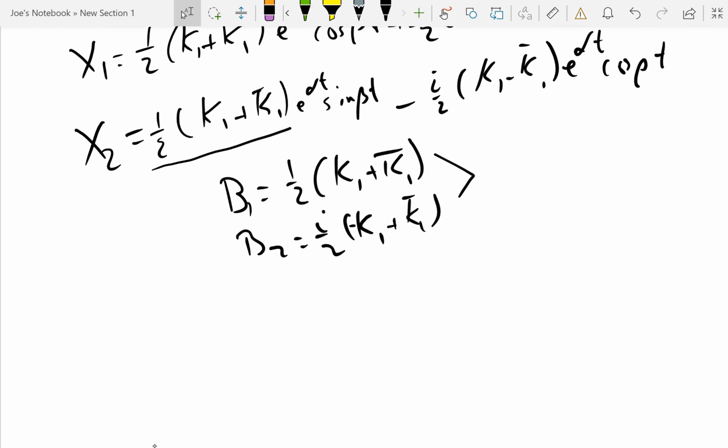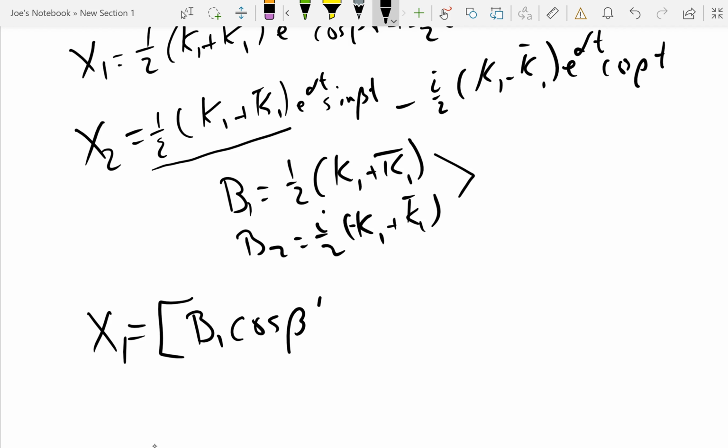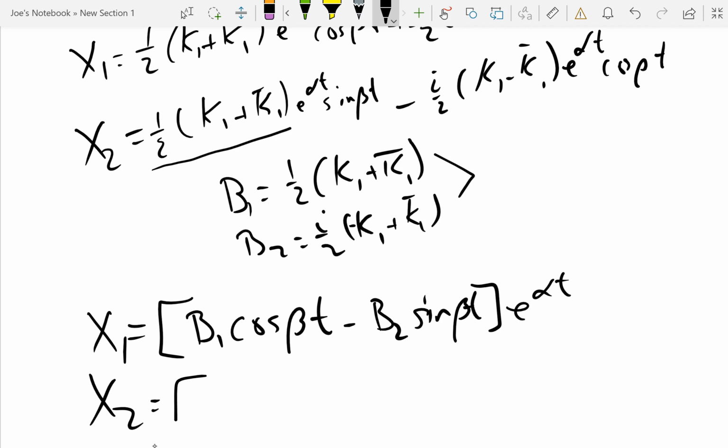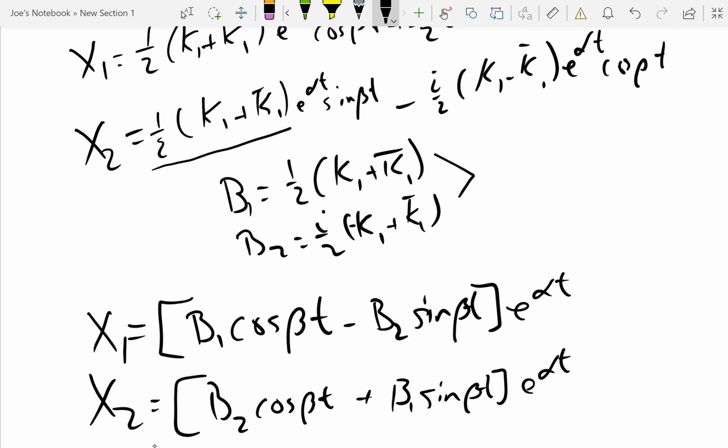had that gave us our solutions: our x1 will be b1 cosine of beta t minus b2 sine of beta t times e to the alpha t, and our x2 will be b2 cosine of beta t plus b1 sine of beta t times e to the alpha t.